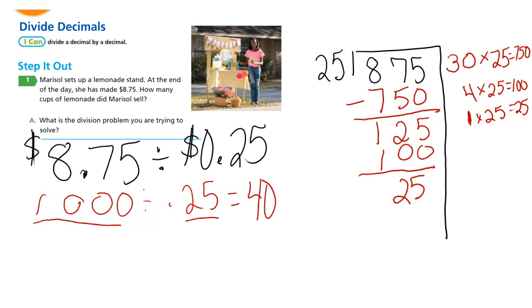So I've got my 30 plus 4 plus 1. I'm going to add those up, and I get 35 cups, which does make sense. 35 cups of lemonade.